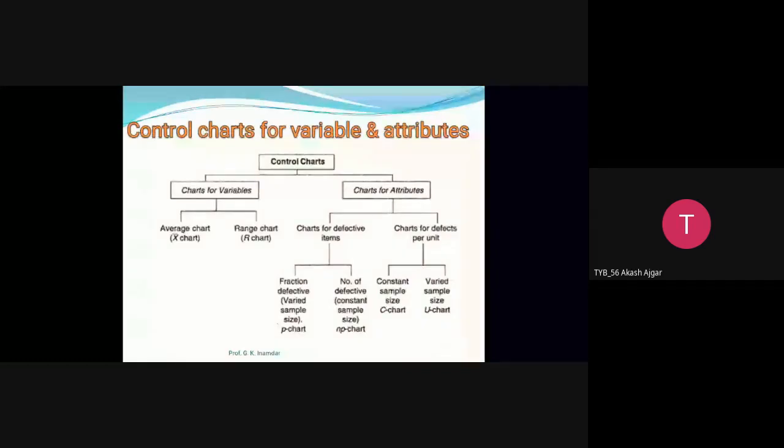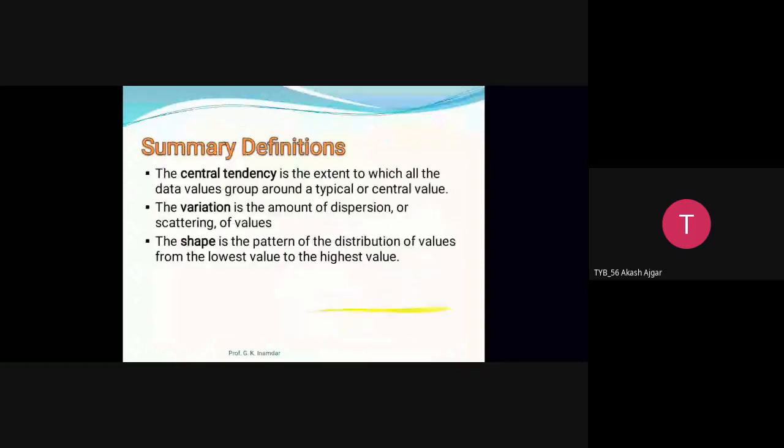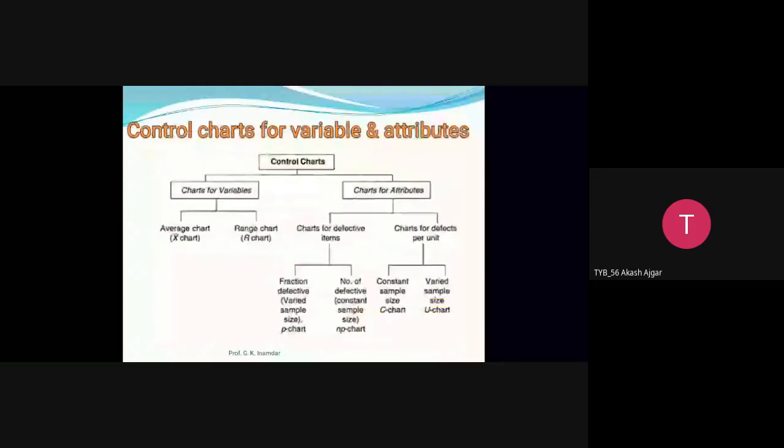So we will see one by one, but before moving forward, we will see some basic differences between the variable charts and attribute charts. In the variable charts, we will see X bar, R, and sigma charts.